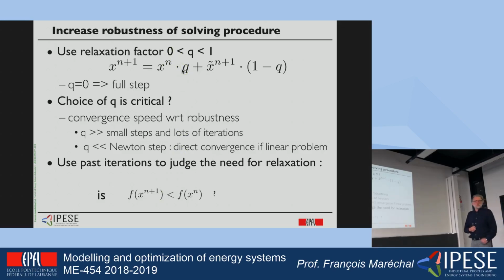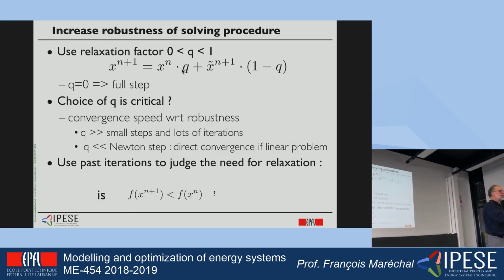Okay? So, we test it by looking at the steps we obtain when we apply Q equal to 1. So it means Q equals 0, so no relaxation. We look at if we are approaching 0, which means that the linear approximation is good. Okay?